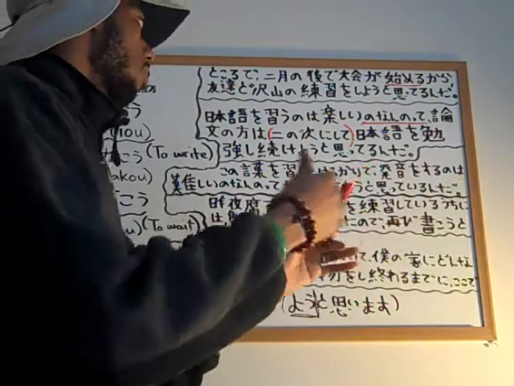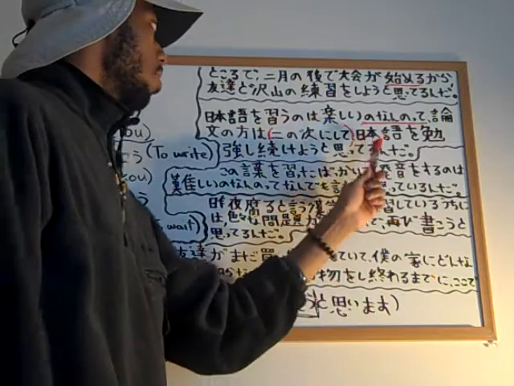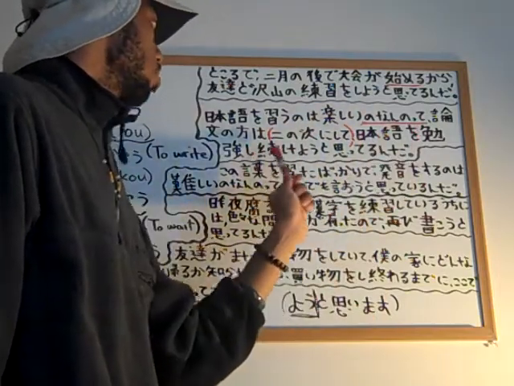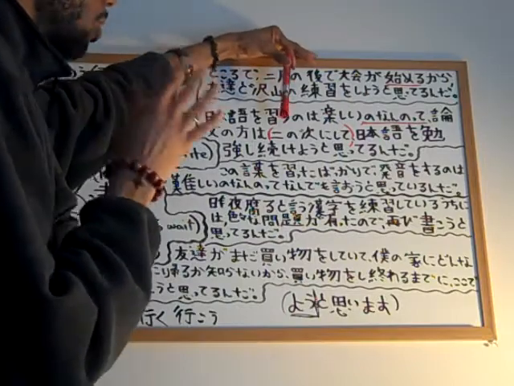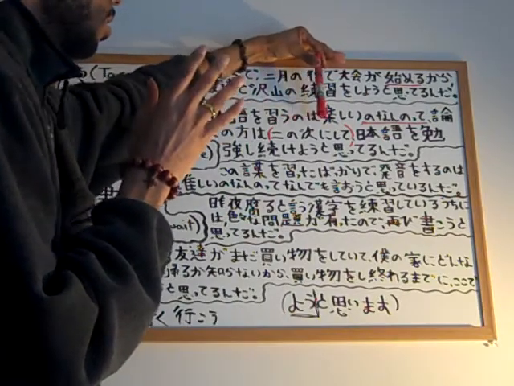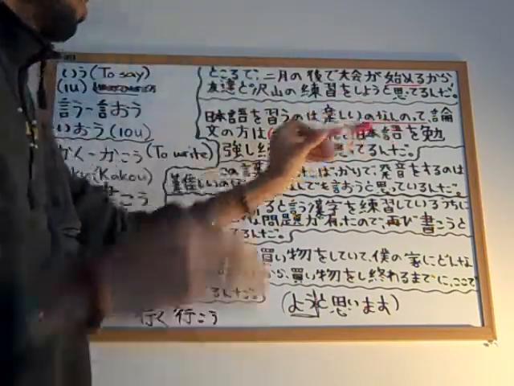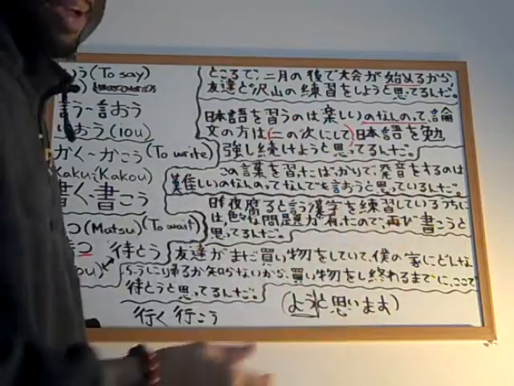When you say 2の月にする, that means instead of doing this, you're going to do something else. You're putting something off. I'm going to put off my thesis and I'm thinking about continuing studying Japanese.